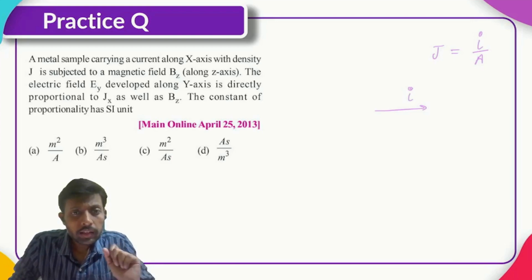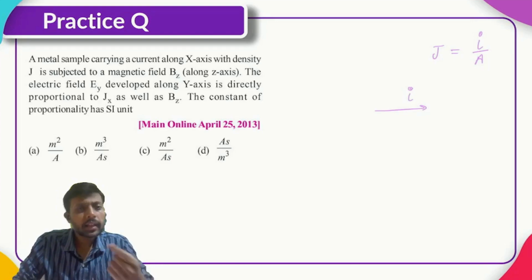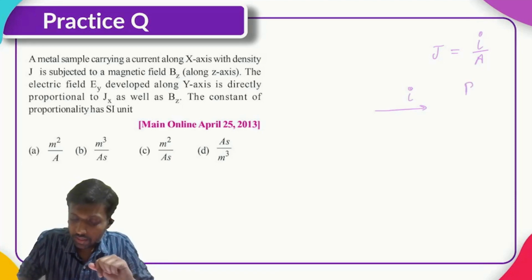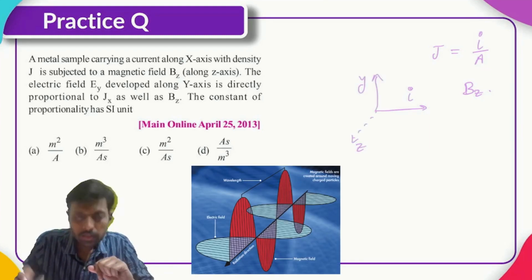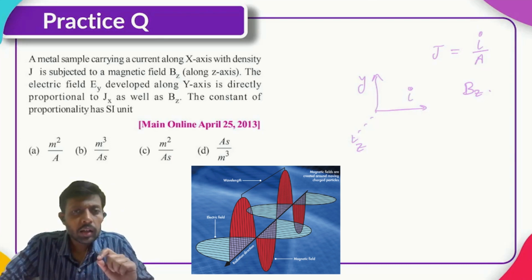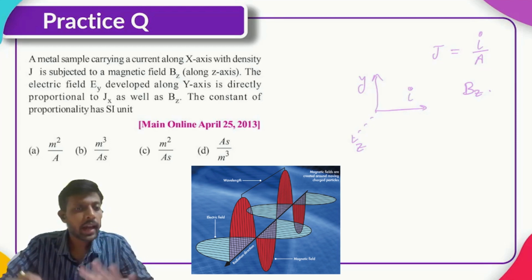And then there is a magnetic field along the z-axis. Okay, Bz is present and it's along the z-axis, so along this direction if this is the y-axis. And then there is an electric field also. Now the question says that the electric field developed is directly proportional to Jx and Bz.